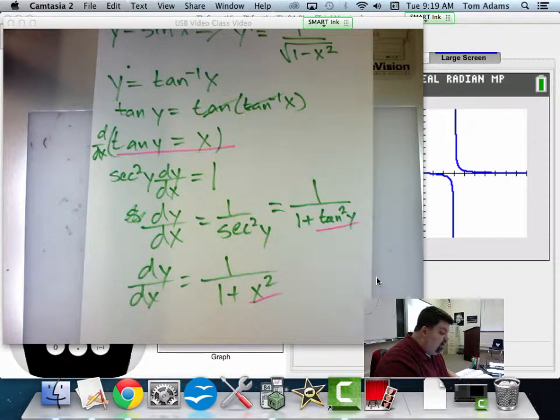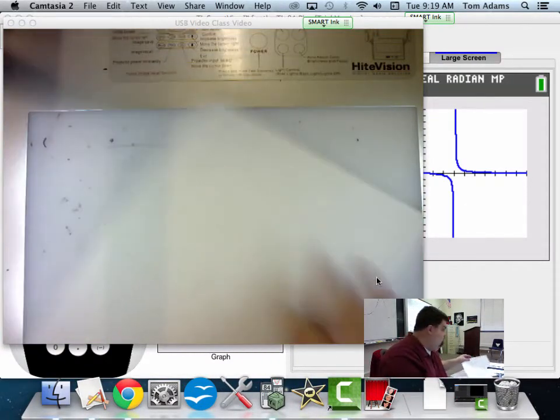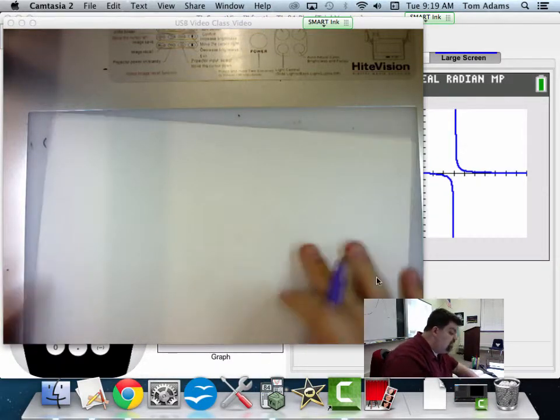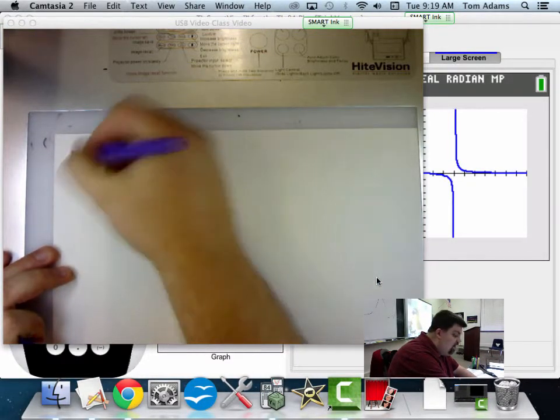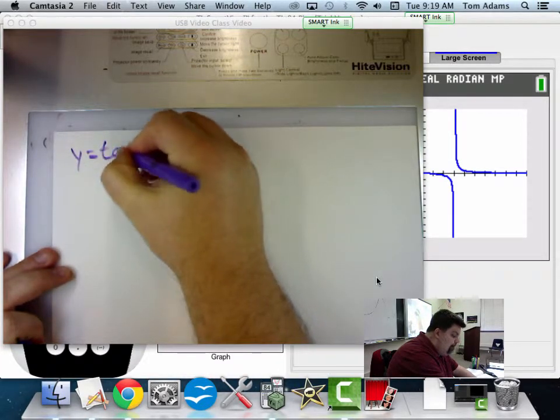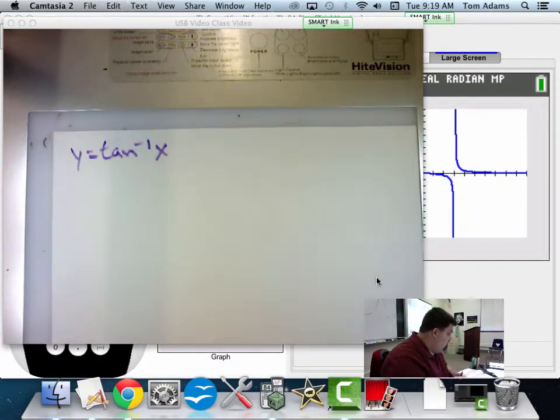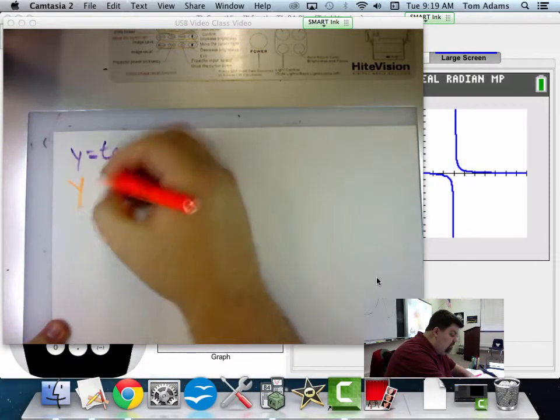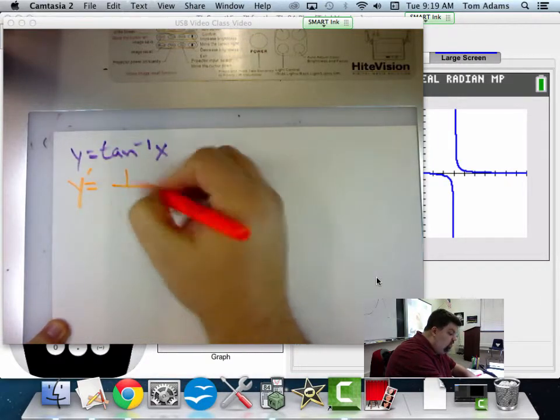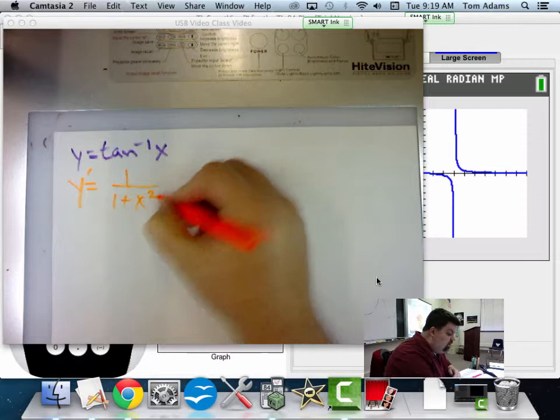Now, informally, probably what we should do is start talking about u substitution. One way that we could write this, and I'm going to write the formula. I kind of skipped it on the last one because I wanted you guys to soak in how we derive these first. So what I said is if y equals tangent inverse of x, we just proved that y prime was equal to 1 over 1 plus x squared.